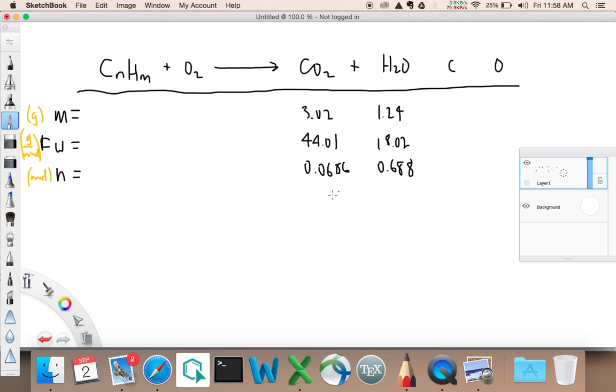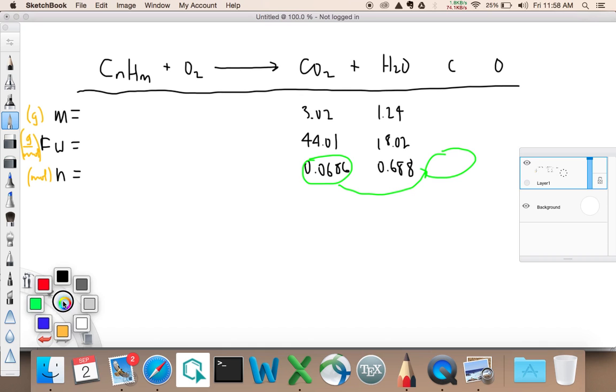Okay, that's the moles. Now, how many moles of carbon do we have? Right, it's going to be the same because it's a 1-to-1 ratio. 0.0686.